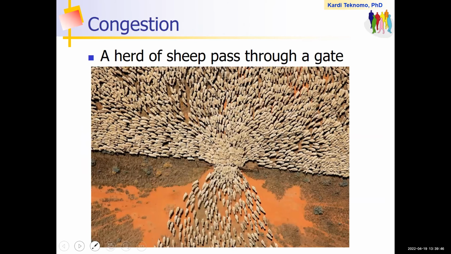So congestion, say this is a gate, these are ships passing through the gate. Thousands of them, right? You can see the arc in it. Can you see the arc? I will start to draw that. There is an arc of the queue. And this happens not only for the ship, also for pedestrians.